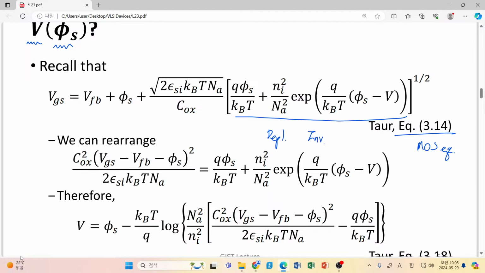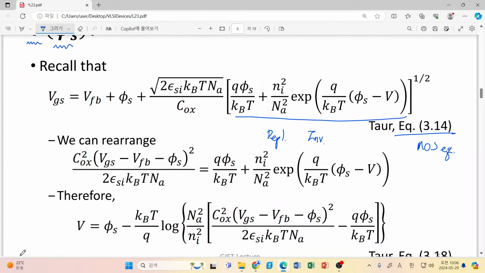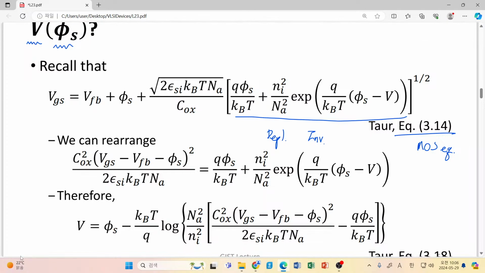So please remember, our QS expression contains exponential minus phi and exponential positive phi, and other terms, or linear term, all of them, but they are all neglected, and now we have only these two terms. But anyhow, in this depletion region or inversion region, it is good enough. We can believe this equation and can use it.